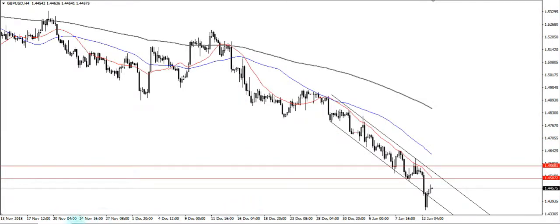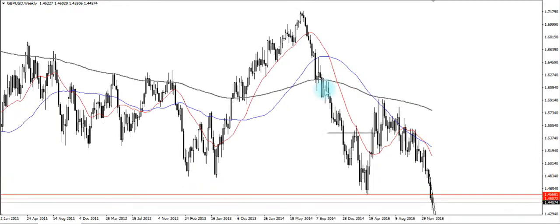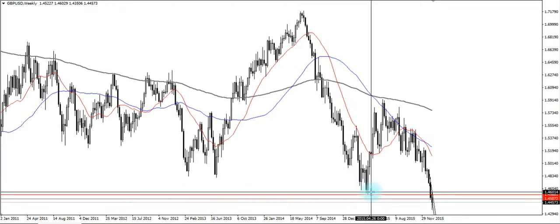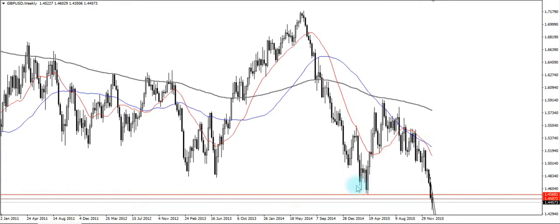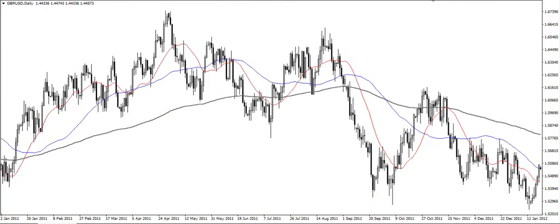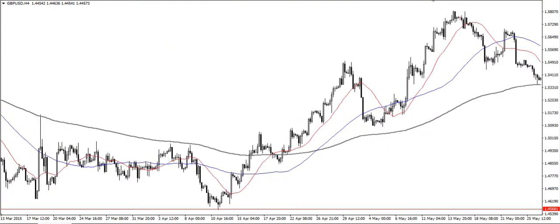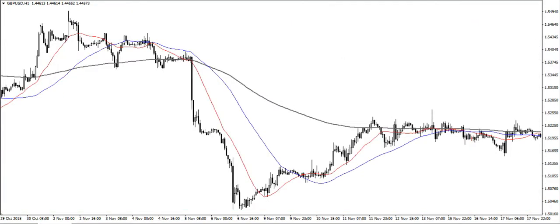Next, we have the pound against the US dollar. First thing first, let's take a look at the weekly chart. We have seen that the price has broke below the 9-month low at the price of 1.4568, again signaling that the price is going to fall further, and therefore let's look at the smaller time frame straight away into the 1-hourly chart.